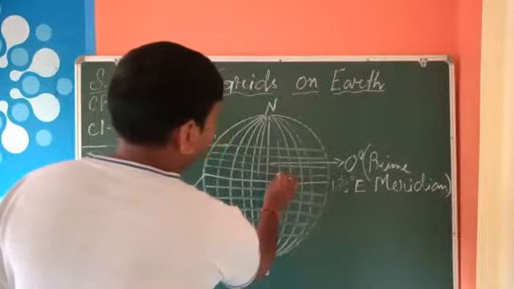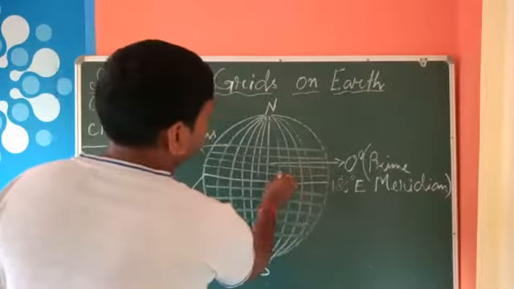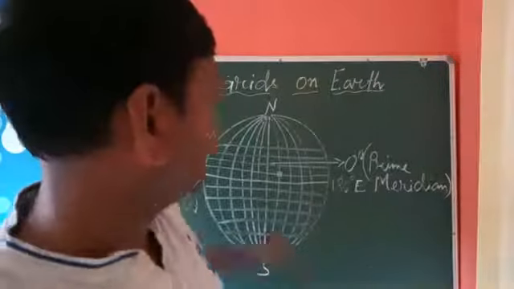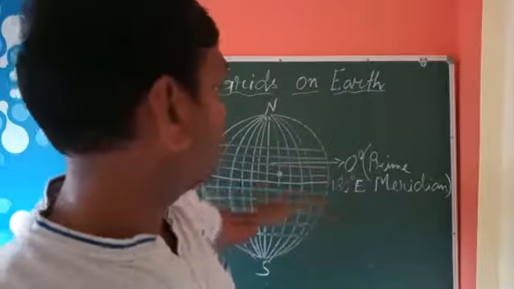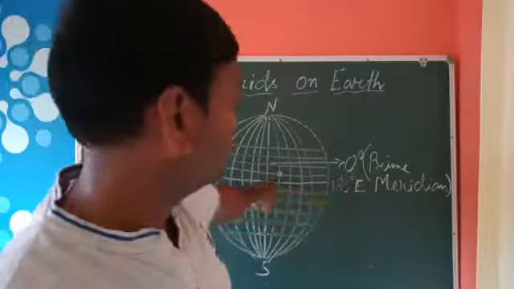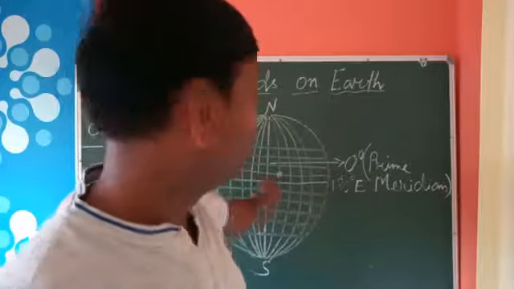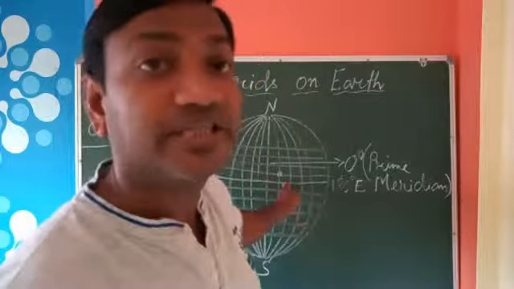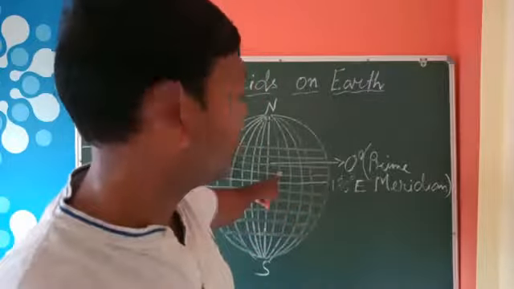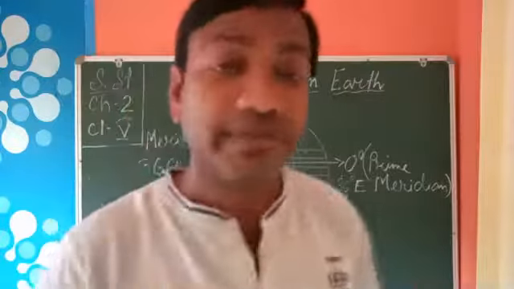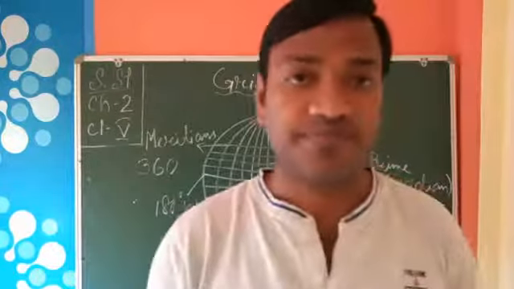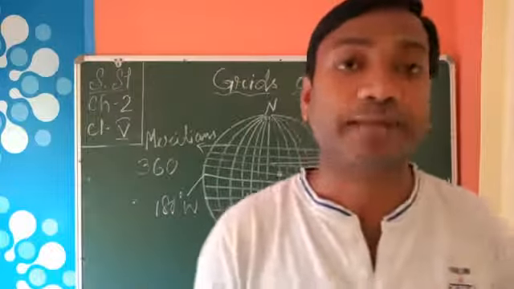So we can find how many degrees it is east side, how many degrees it is north side, because this line is the 0 degree, and if we go up it is the north, and if we go this side, it is the east side. So this way we can understand how many degrees this place is. So this way we can locate a place on the globe.